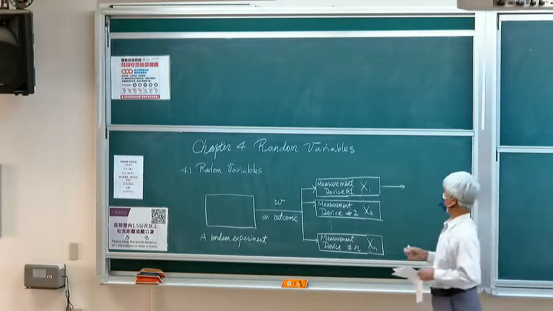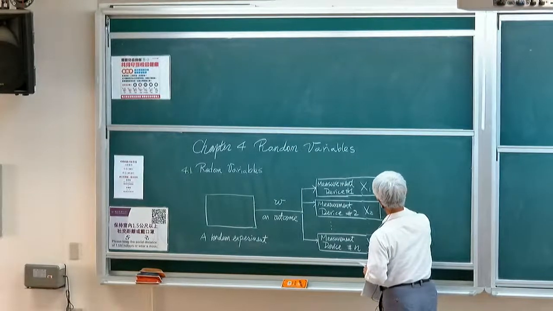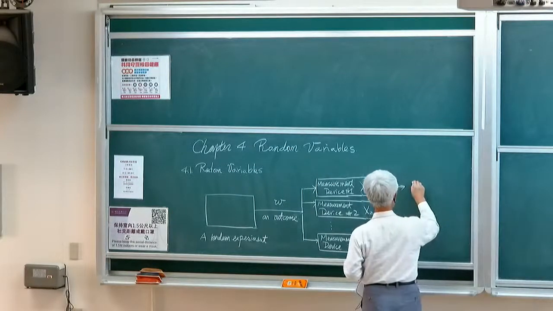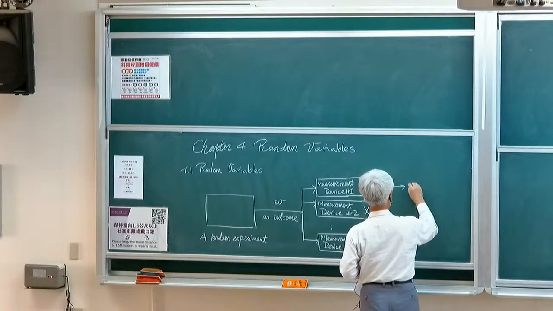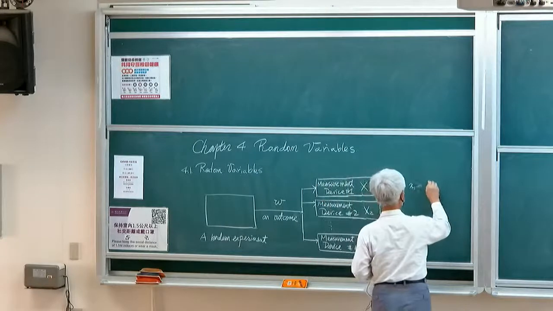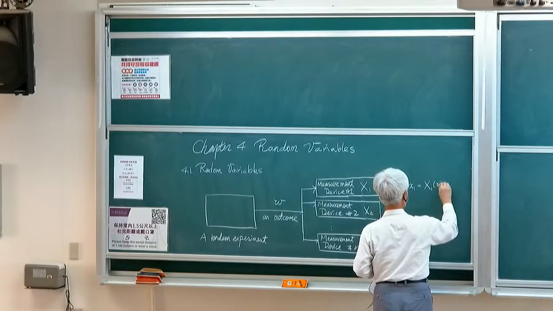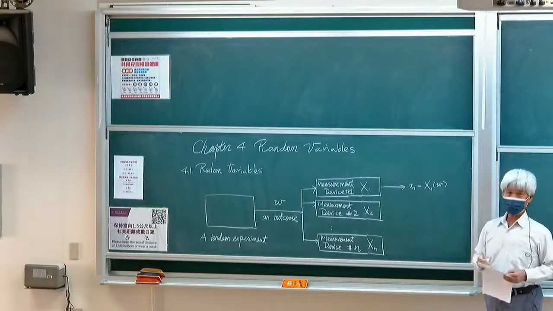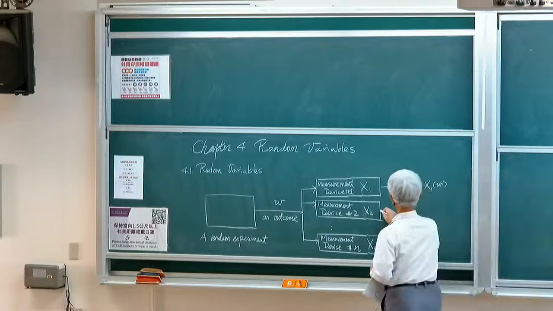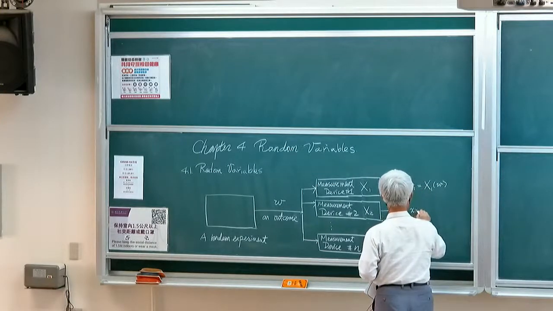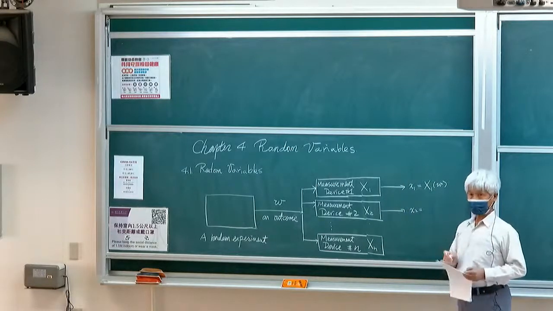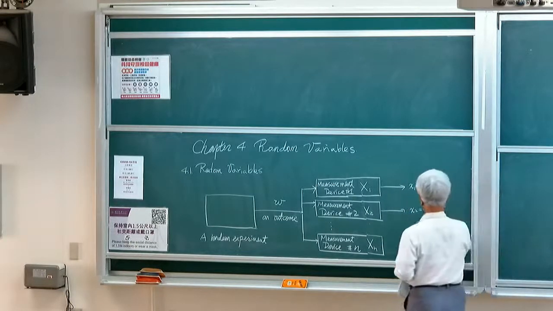Very often the result of measurement device number one, x equals x1, we denote as x1 applied to the outcome omega, and we get a value, and usually the values are numerical values, especially real numbers.